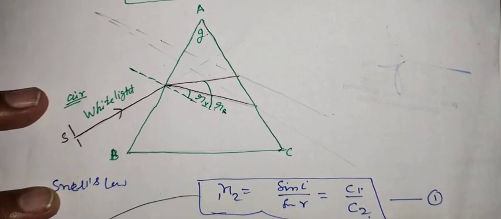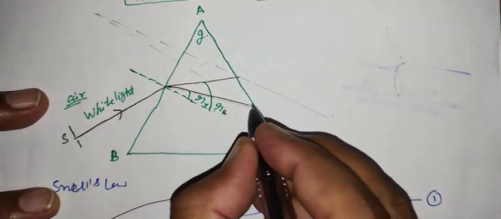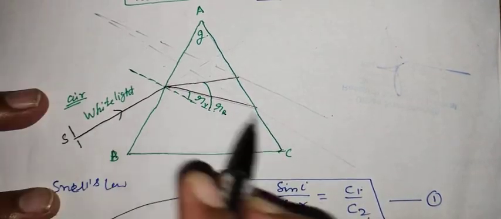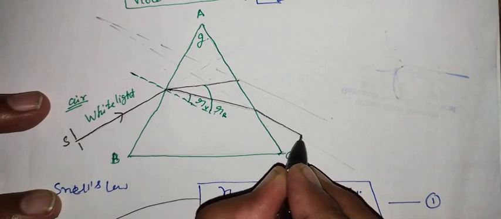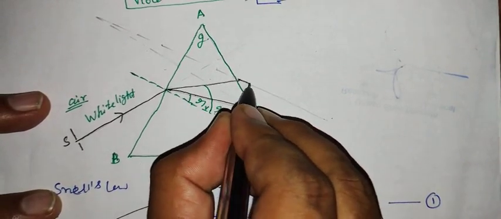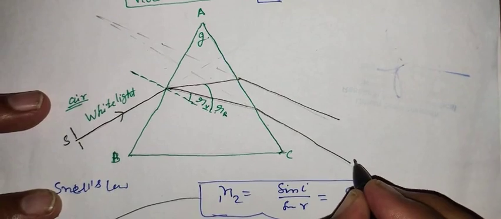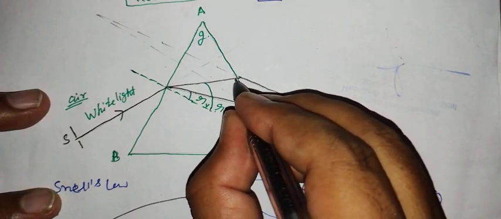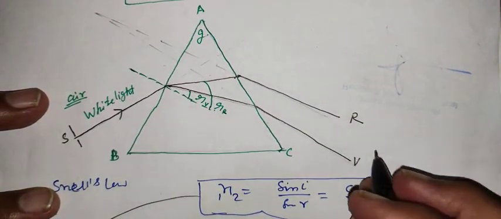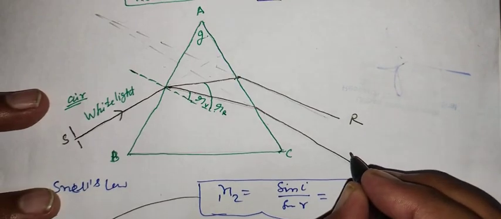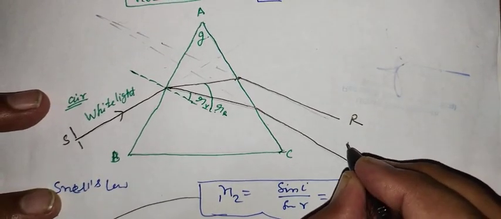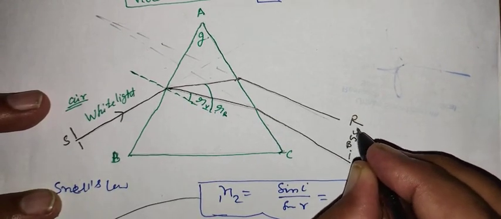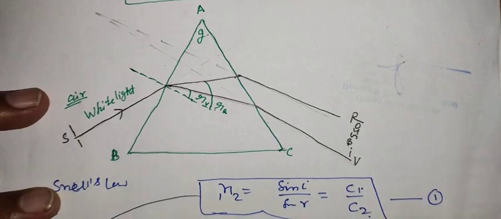Both get separated, all 7 colors, with 5 colors lying in between, and then from here once more the emergent ray has its colors violet to red. We know VIBGYOR. All 7 colors lie in between.